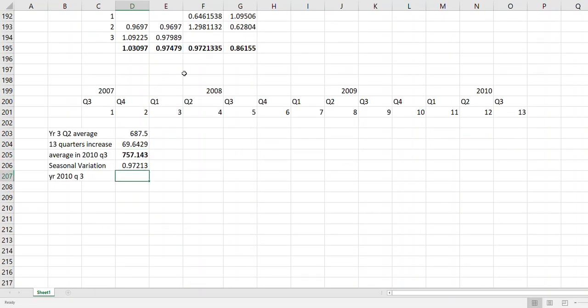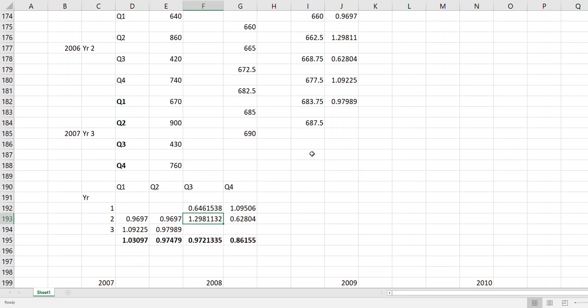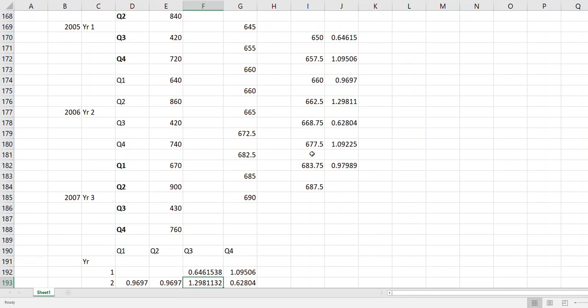Now we take a seasonal variation. We believe it is going to be 736. I believe I have made a mistake here. One, two, it's quarter 1.